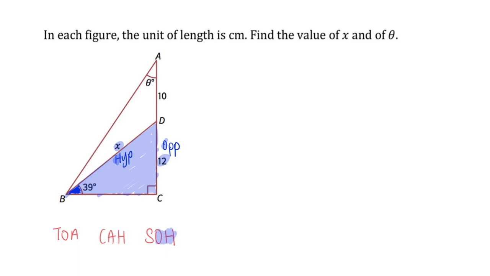So with O and H, which of the three trigonometric ratios should I use? Yes, I'm going to make use of the sine ratio. In this case, sine 39 degrees is equal to opposite, which is 12, divided by my hypo x. Therefore, I'm going to multiply x on both sides, as well as divide by sine 39 degrees on both sides.